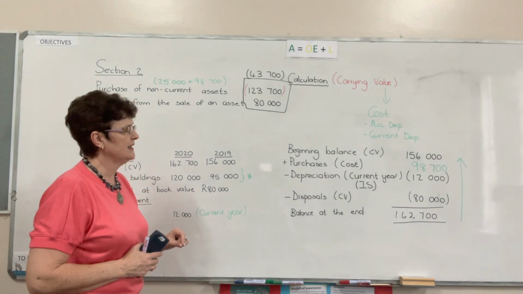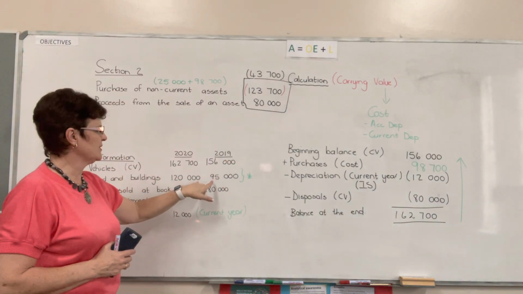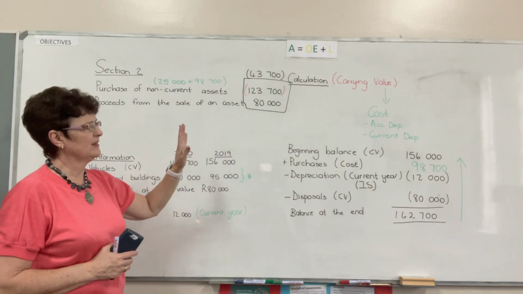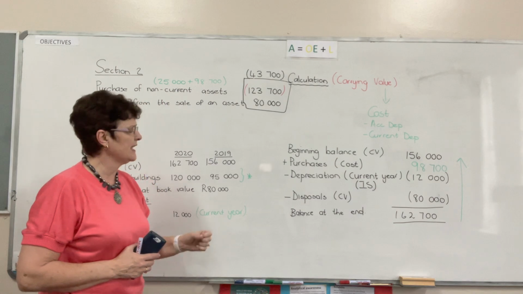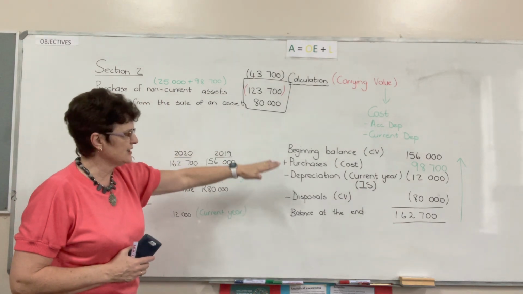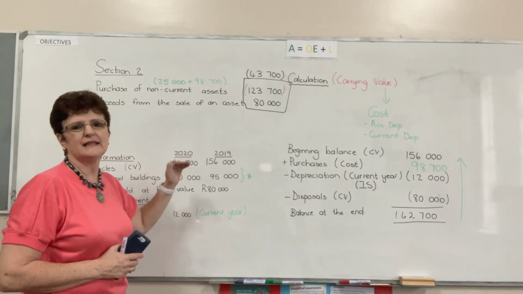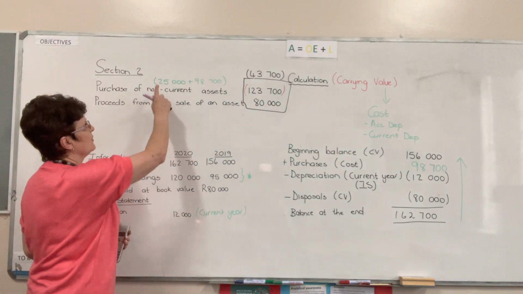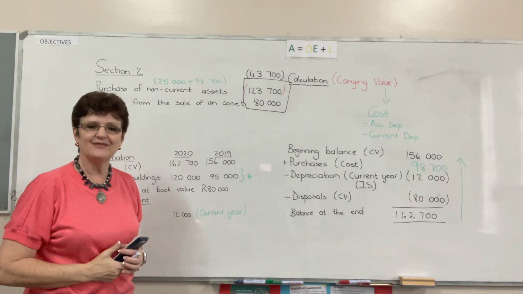You can have your vehicles here, and you can work with your land and buildings here. You can combine it, but I think it can be a little bit more complicated if you do that. So look at your vehicles on their own, look at equipment on its own, and look at land and buildings on its own, and add all those amounts together. I hope you understand investing activities.